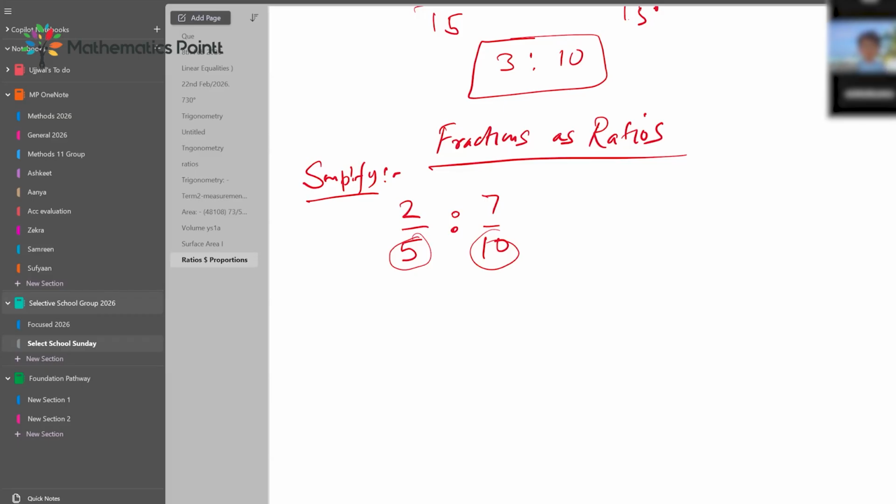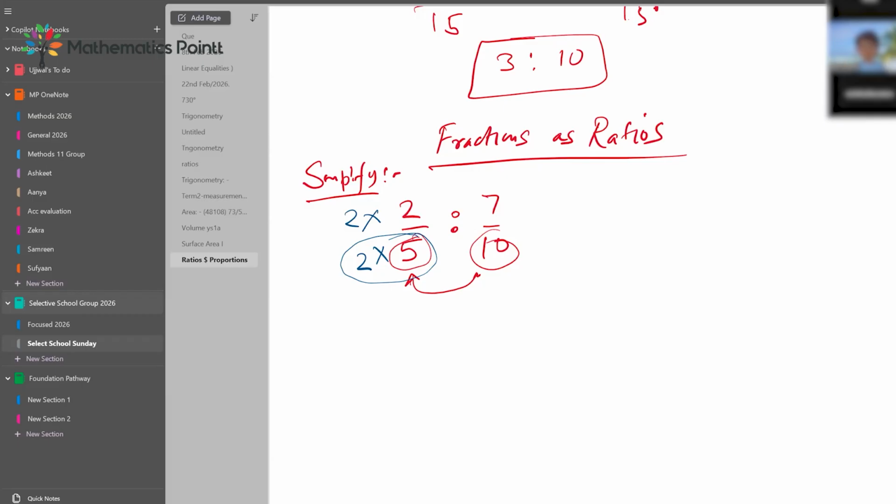And I'll tell you the simplest way. You need to think: how can I make them equal? How can I make 5 and 10 equal? The easiest way is if I multiply 5 by 2. So it makes it 10. But hang on, you have just touched the denominator of one of the fractions. You've multiplied it by a number, in this case 2. So in order to maintain the equilibrium of the fraction, you need to do exactly the same thing at the top.